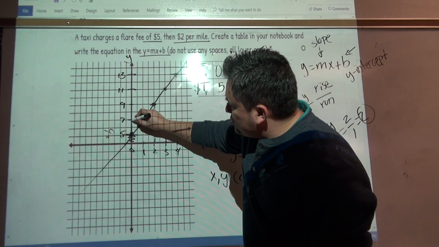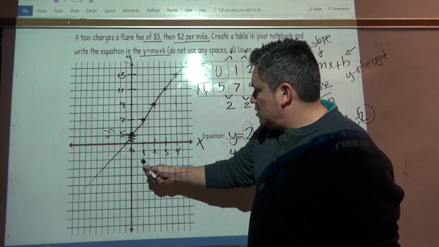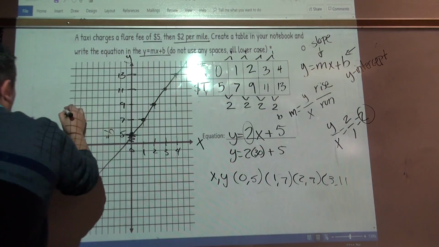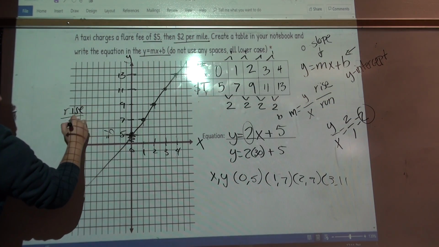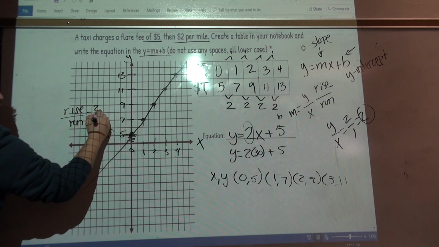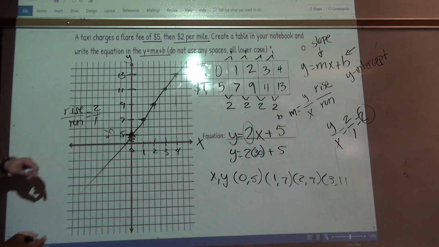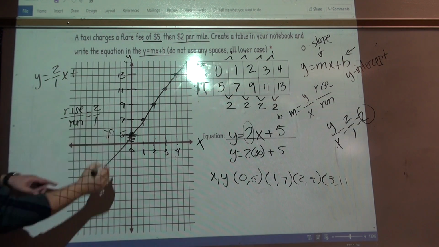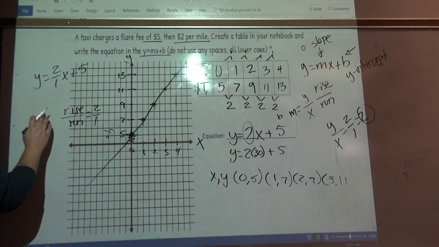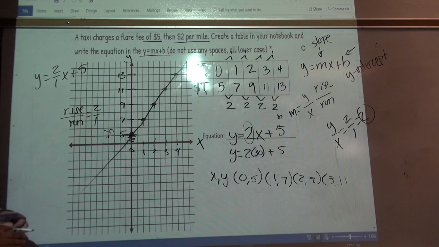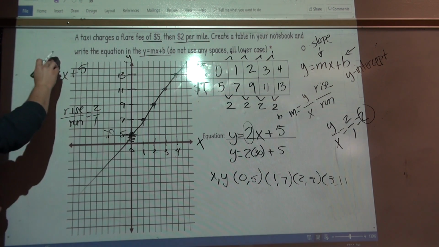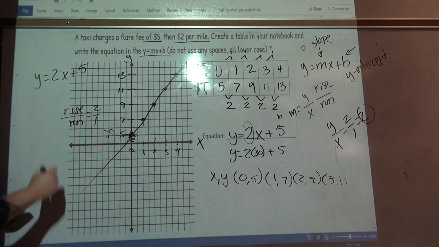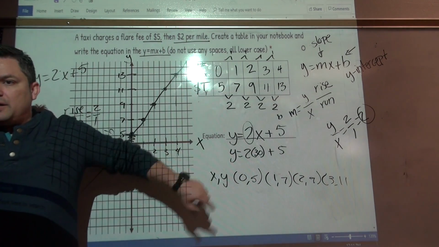It goes up 2 and over 1. So the rise over run is 2 over 1. So you can also write the equation y equals 2 over 1 x plus 5. Now this 2 over 1, you can just write like this, 2x plus 5. And it's the same thing that we got earlier.